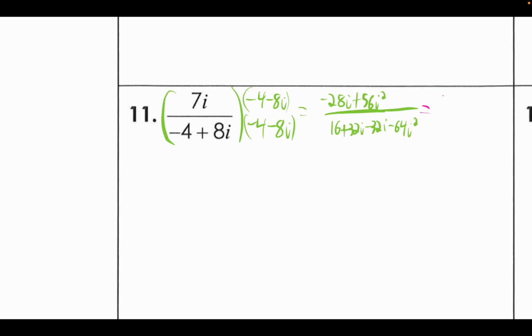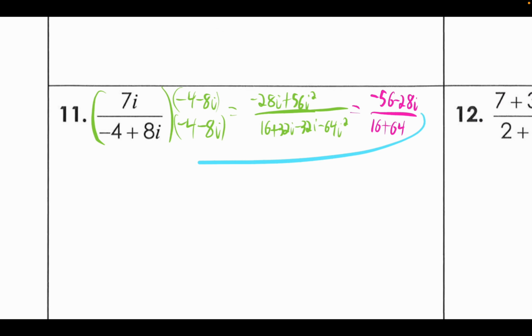So on the top, this is really negative 56 minus 28i. And on the bottom, it's really 16 plus 64. So once again, the top is negative 56 minus 28i. On the bottom, we have 80.